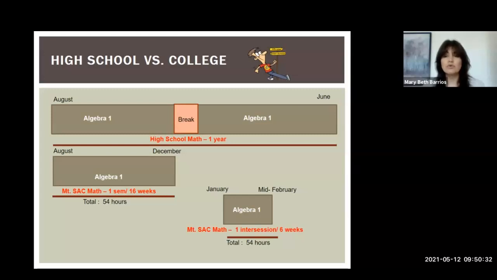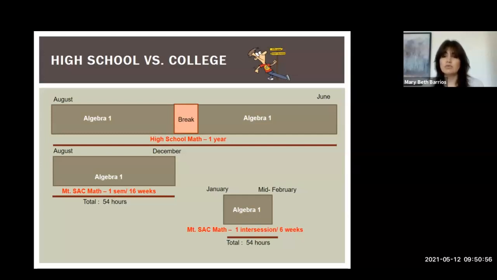Now we do offer winter and summer intersessions. Intersessions are not mandatory. You can elect not to take them. They're basically kind of like in high school where you have the option of going to summer school to either get ahead or to catch up. This is very similar in that you don't have to take it, but it is an option for you.